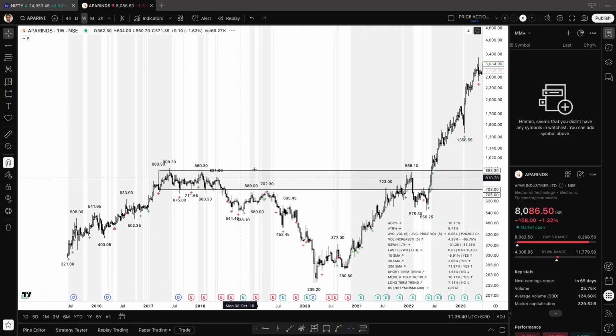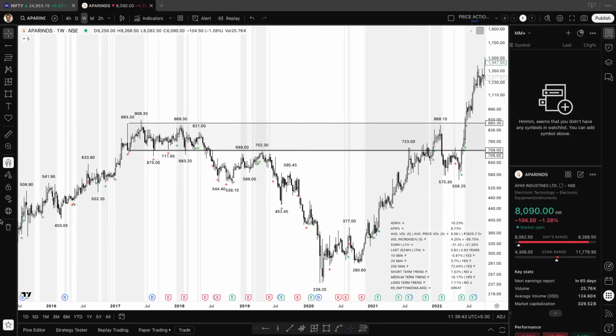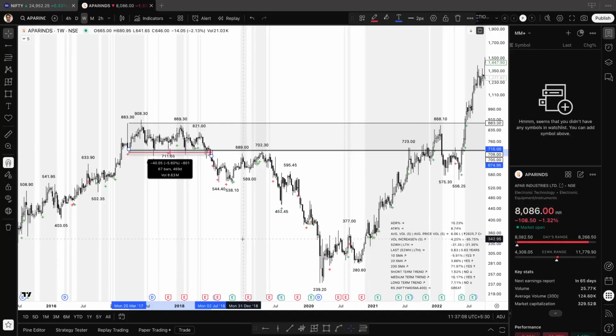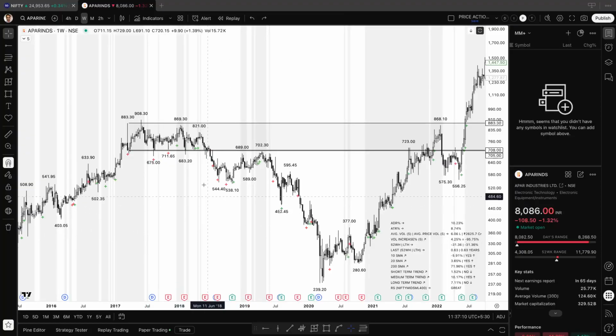This automated zone was drawn in March 2017. So look at the power of the VIV zones. What happened was it traded within this zone for a few months, almost March 2017 to July 2018, more than a year, and then it broke down.